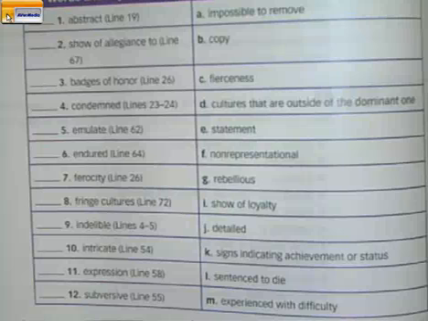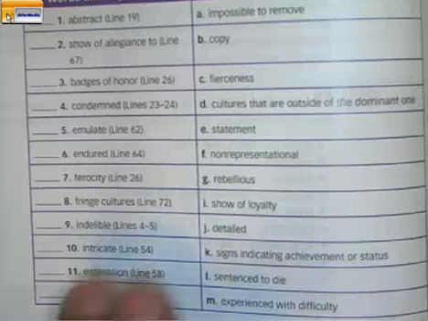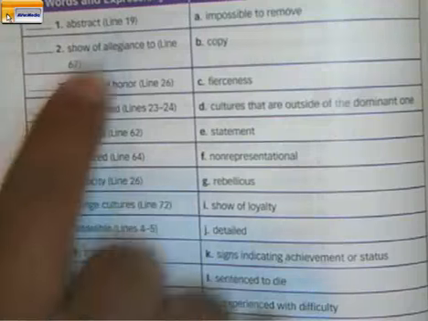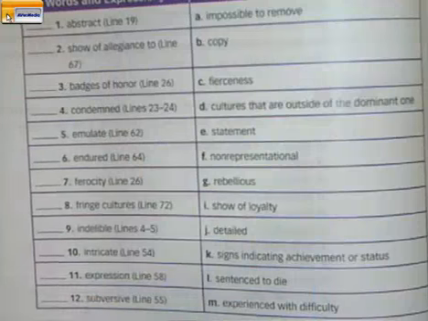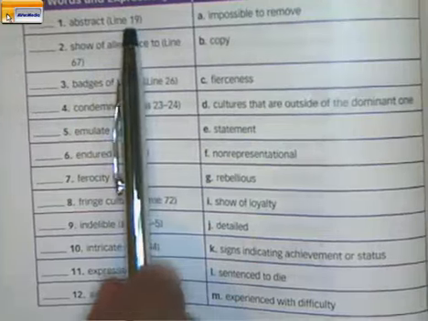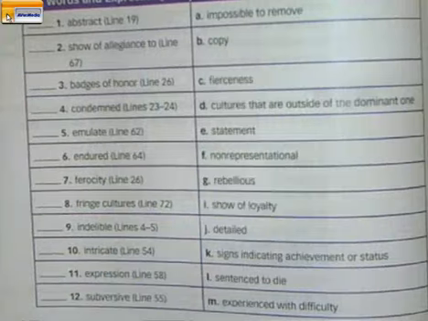Well, one way to do this, if you don't know, is to guess from context. So what you have to do is go back to the text, and here it says line 19.